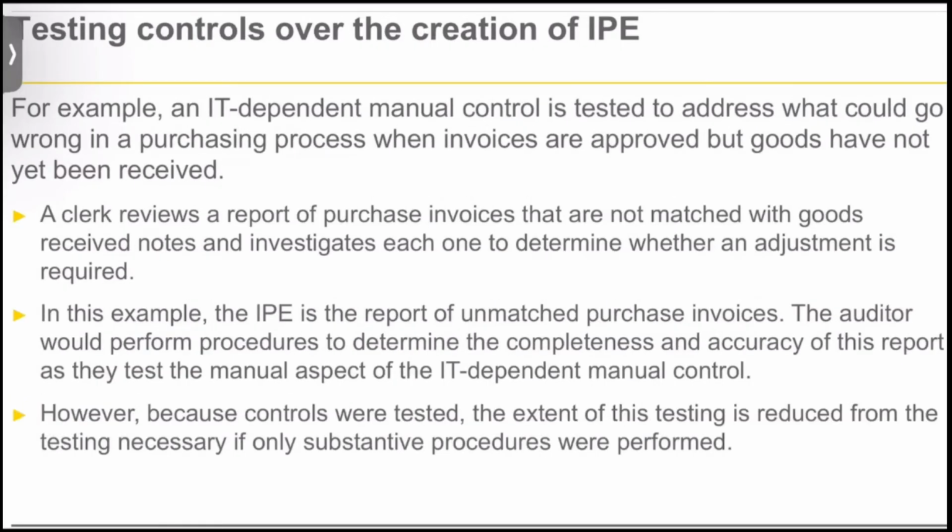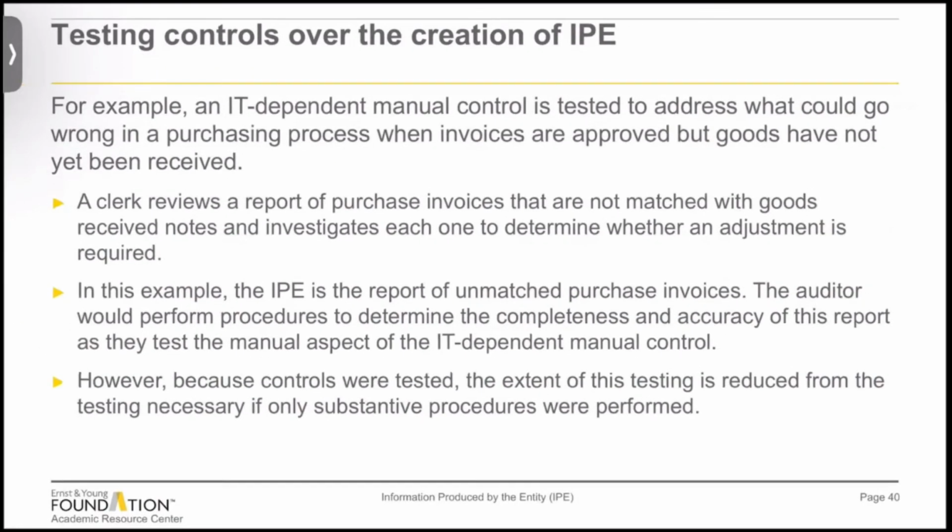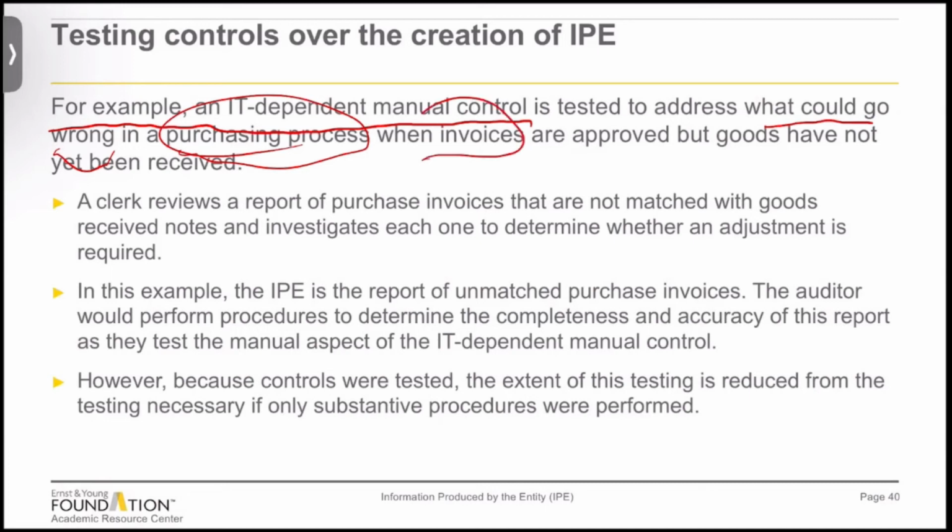So for example, an IT-dependent manual control is tested to address what could go wrong in a purchasing process when invoices are approved but goods have not yet been received. So a clerk reviews a report of purchase invoices that are not matched with the goods received notes and investigates each one to determine whether an adjustment is required.